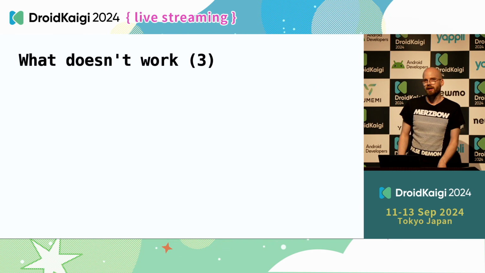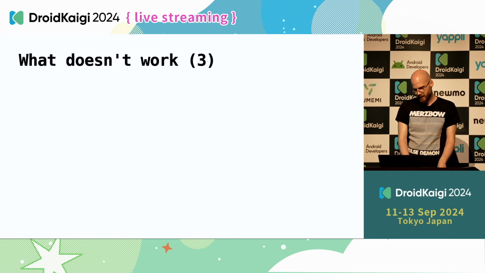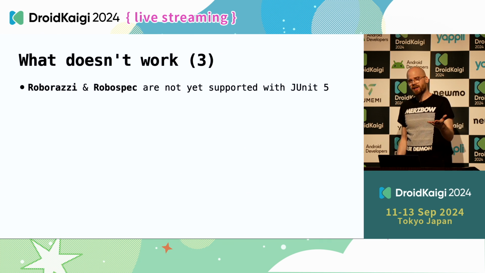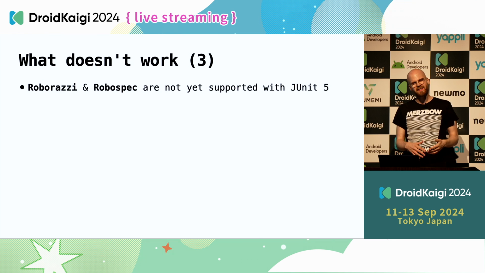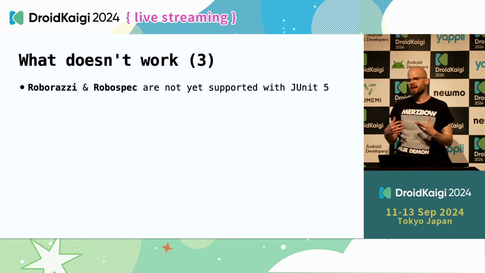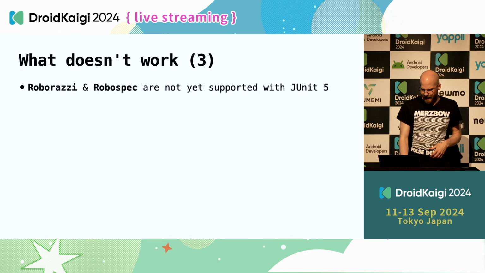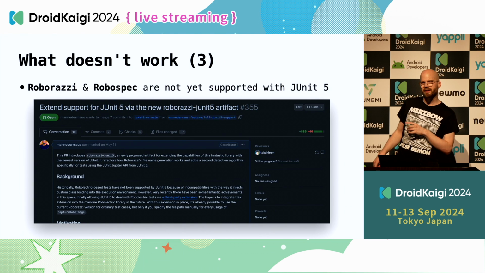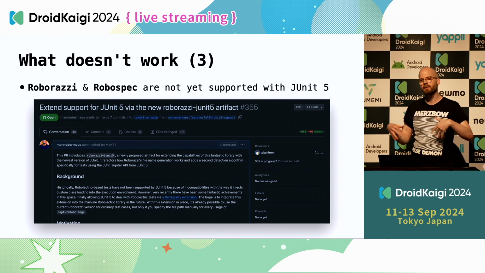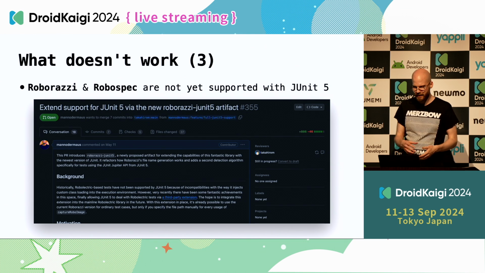What doesn't work? Exhibit 3. This is a result of the previous issues, really, but because their library is built on top of Robolectric, as of now, things like Roborazzi, Robospec are not really supported with JUnit 5. You can't really make good use of them. And I opened this pull request against Roborazzi earlier this year, where I implemented proper support for JUnit 5, but it's currently on hold because we have to fix these other things first.